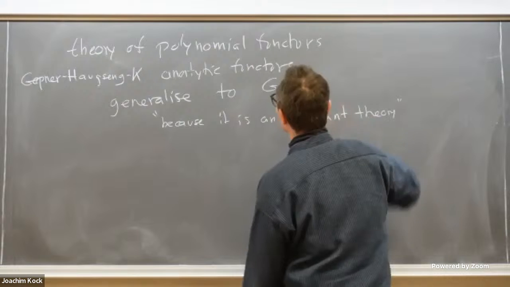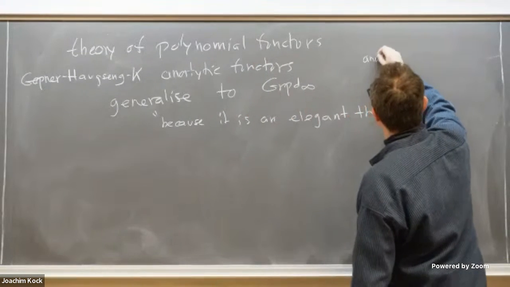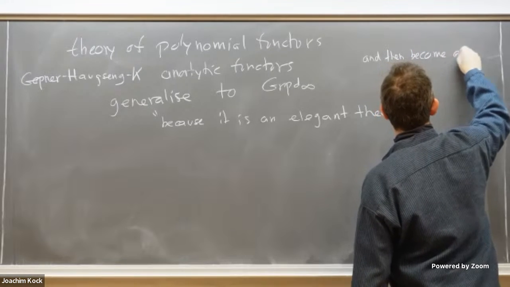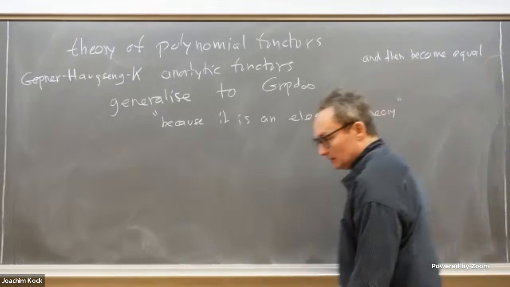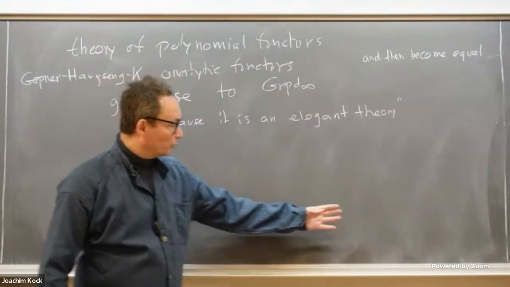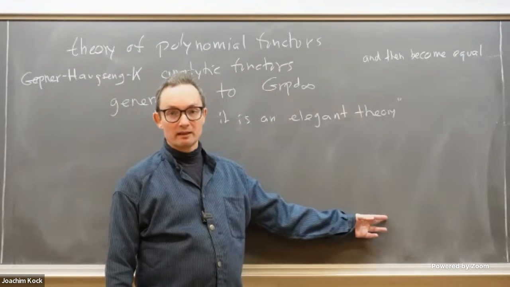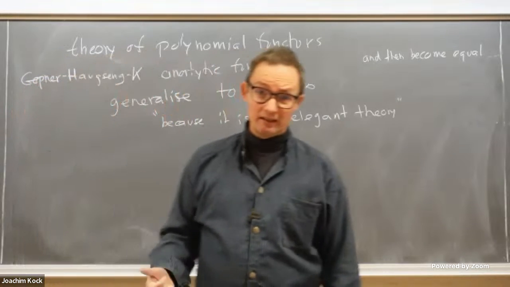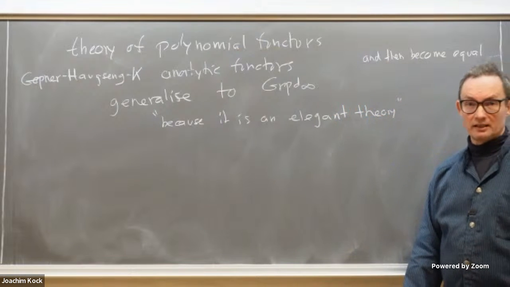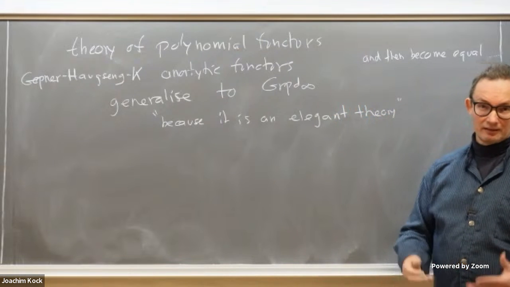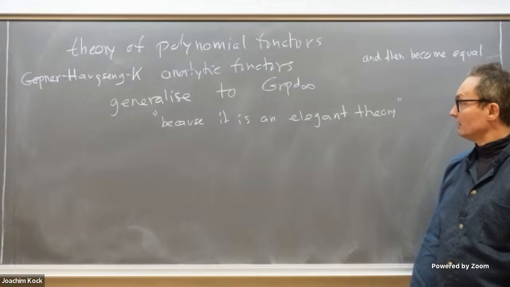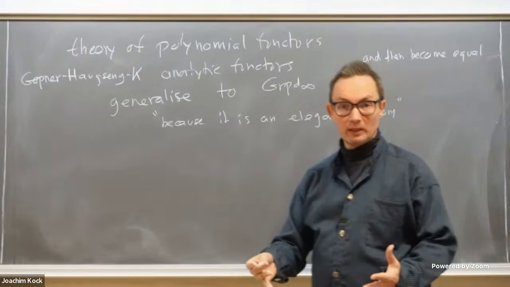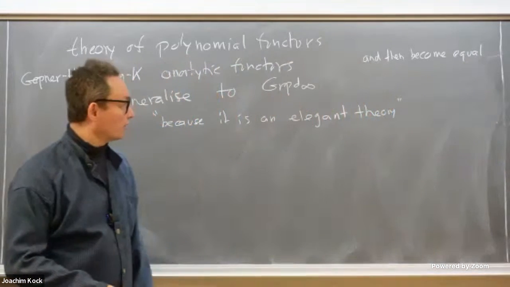And then they become equal. Meaning that the weak preservation of pullbacks that we saw in the analytic functors at the level of sets, that's really just a deficiency of the category of sets, that the category of sets does not have the appropriate colimits. So once you generalize or lift it to infinity groupoids, that weakness of preservation of pullbacks goes away.